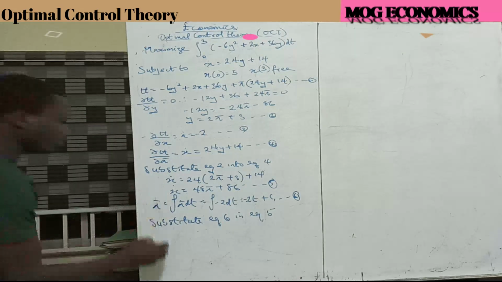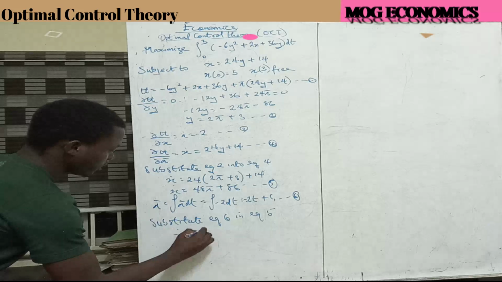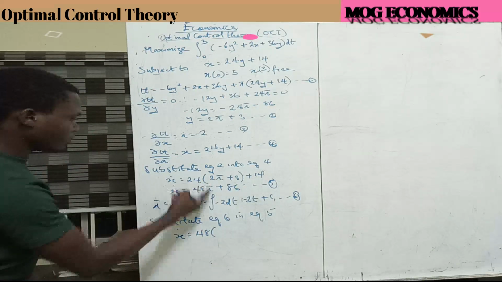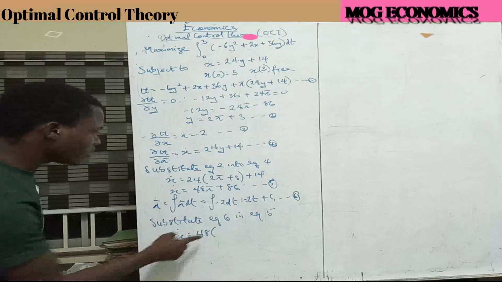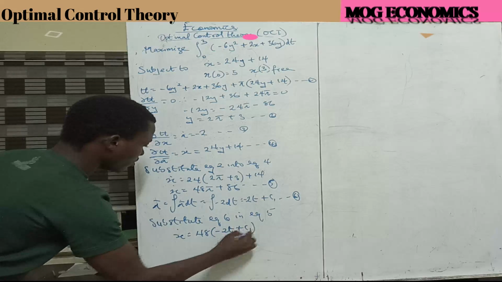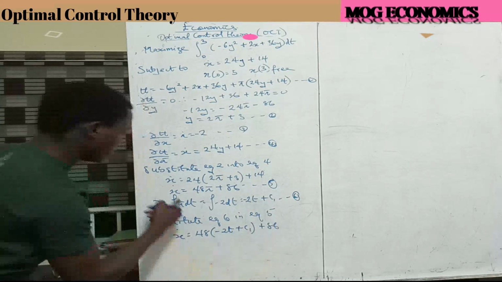So x dot equals 48 into bracket lambda, which is minus 2t plus c1, then we have plus 86.